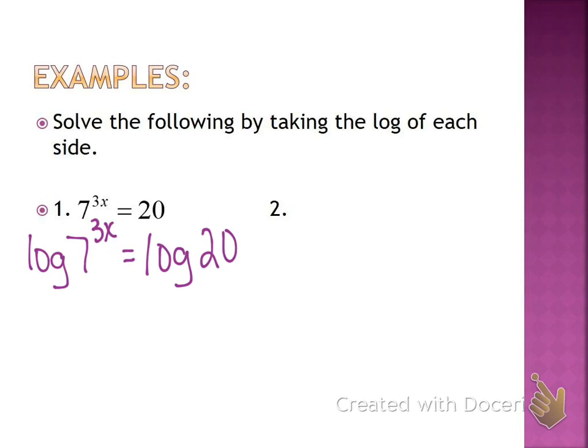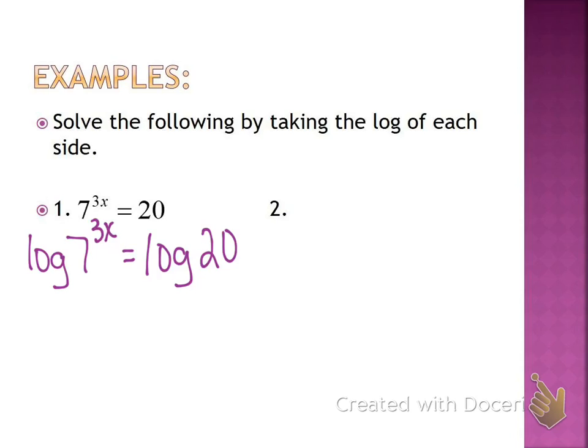If we do something to one side of an equation, we have to do it to the other side. So that includes applying functions, a logarithm. Now, I can plug log of 20 straight into my calculator and get a number for it, but I cannot plug in log of 7 to the 3x.